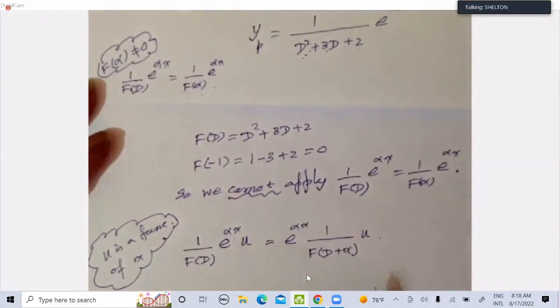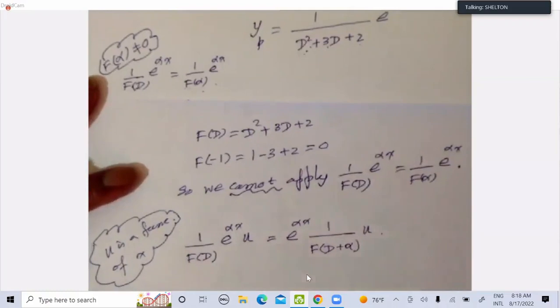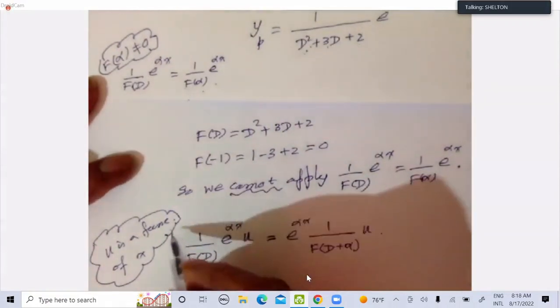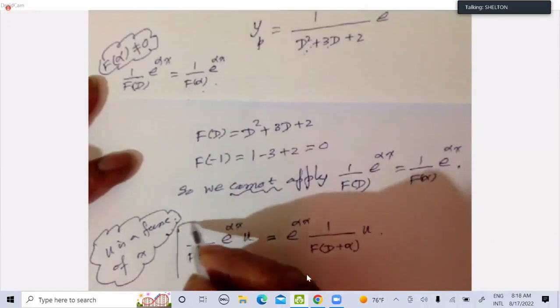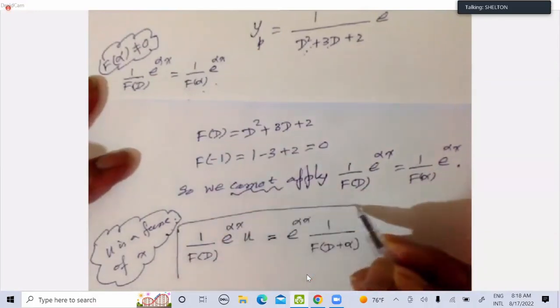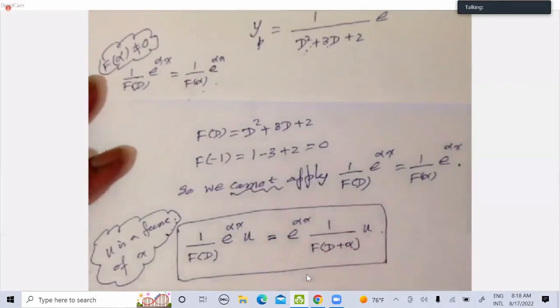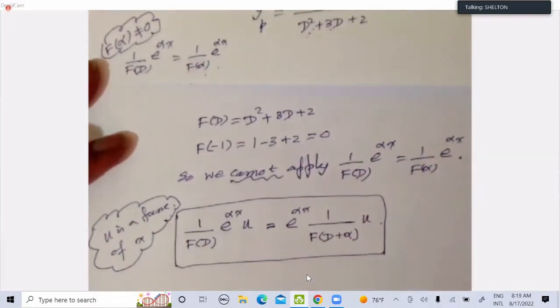We can verify this by applying f(D) to both sides, and there's a little bit of work there, but I will give you the formula. Rarely do I do that, but since we are pressed for time, we shall take this as a fact.